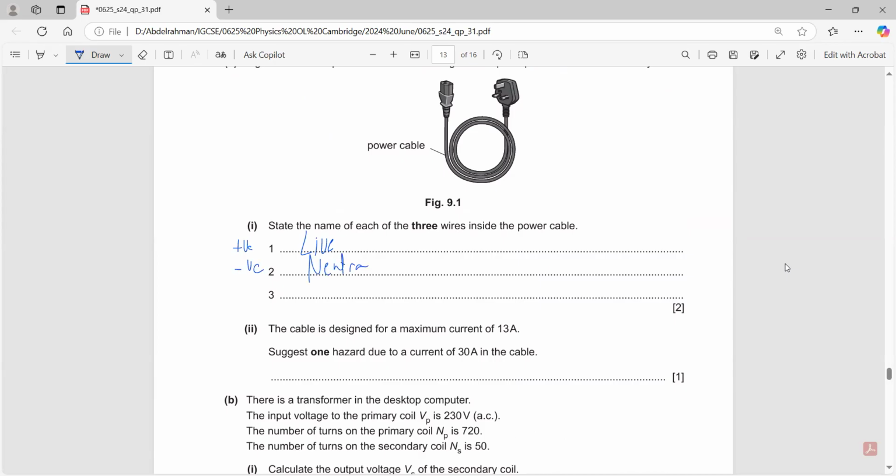What's the third wire? The earth wire. So you have a live wire, the positive, which basically has all of the current, the neutral wire, and then you have the earth wire to protect you as a user from any electrocution.